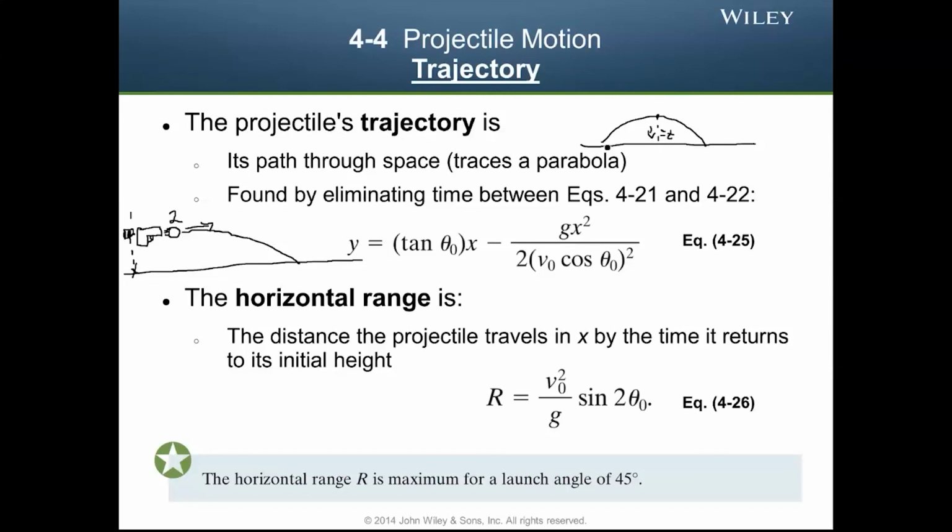The time that it took to go from here, essentially, to the same height, if we were right at the beginning, is the same as the time it took to fall. So this is going down, this is going up. The amount of time it takes to go up and stop is the same amount of time it takes to start at 0 and then go down.